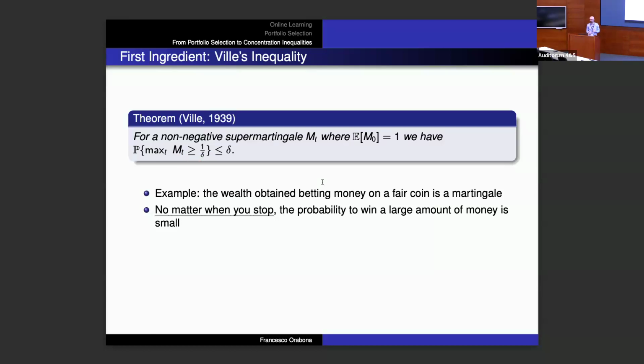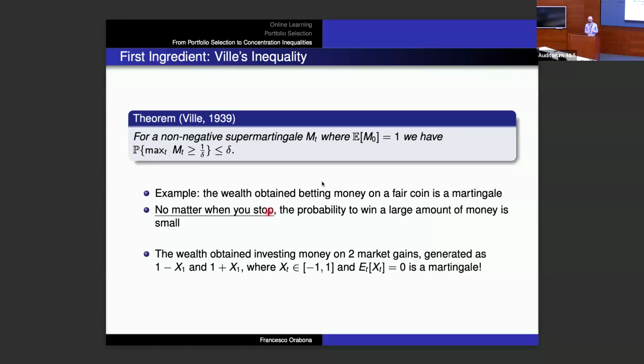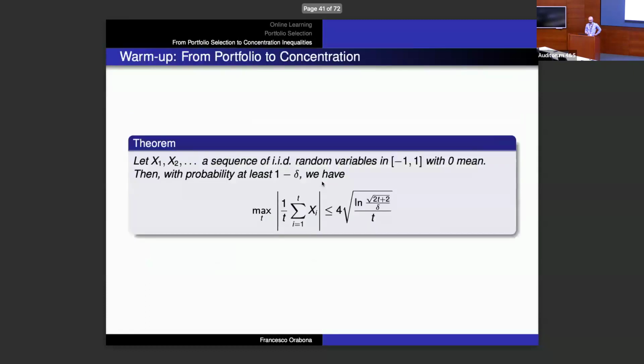Okay. Now we will use this thing. We just need this lemma, and we just need the regrets that I showed you before, and we will prove the concentration. How do we do that? First, we have to construct market gains out of this random variable. The random variable that we had, let me remind you, is in [-1, 1], and the mean is 0.